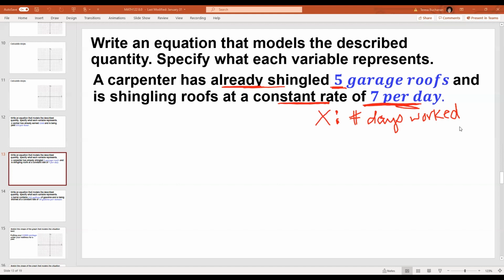But we could find out what the total number of roofs was. If we knew the number of days he worked, we could find out a total, right? So if I said, well, how many has he done then? How many total has he done? You'd say, I don't know. So that's the total number of roofs done. Total number of roofs. In other words, again, if I know the number of days the person has worked, I could tell you what the total number of roofs is.